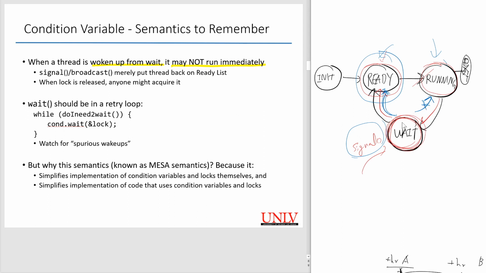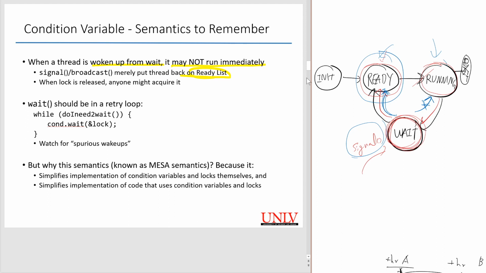The reason I'm emphasizing this here is that there is an alternative approach. There are different kinds of condition variables that actually make the transition from wait back to running. Signal and broadcast merely put the thread back on the ready list. When the lock is released, anyone might acquire it.